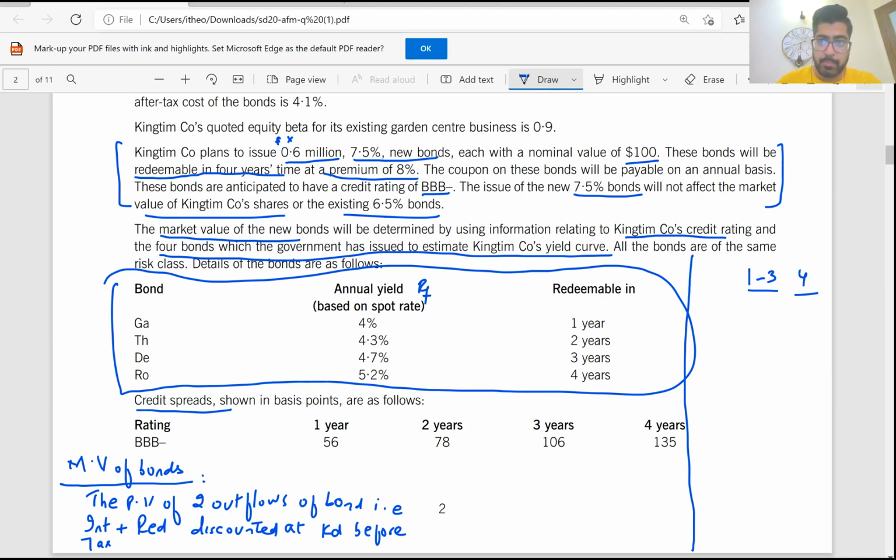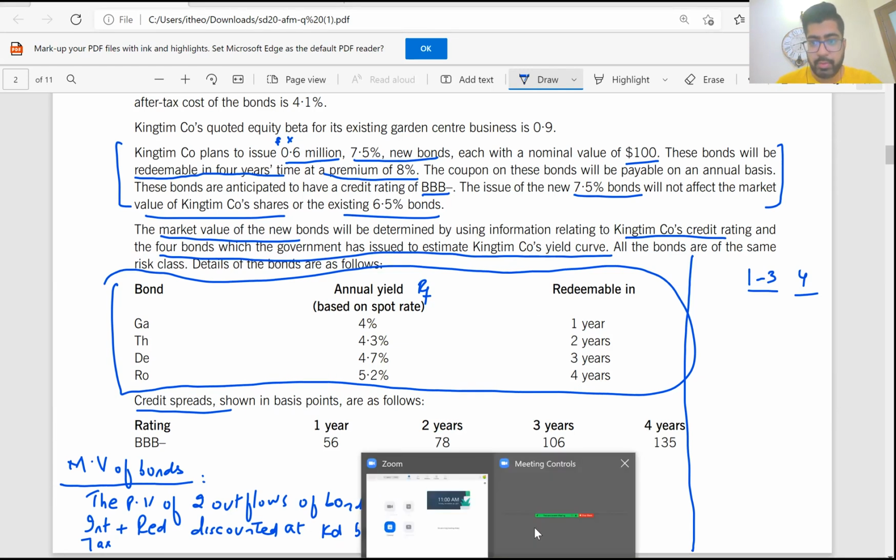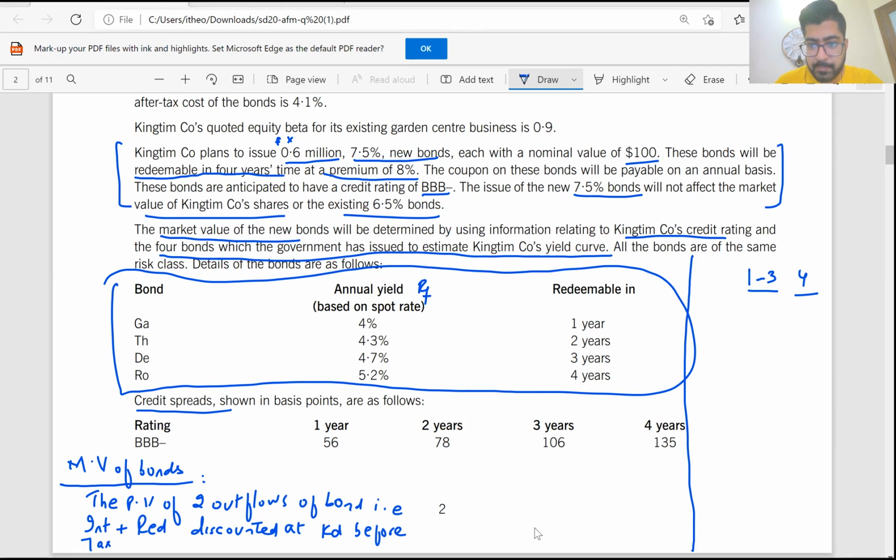So when I'm asked to compute market value of bond, the present value of 2 outflows, interest, redemption. The bond is paying interest of how much? 7.5%. 7.5% of what? The par value 100. Interest is always on par. So for 4 years, the first outflow which the company has to bear is interest.